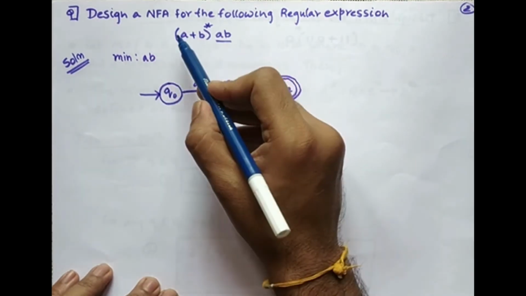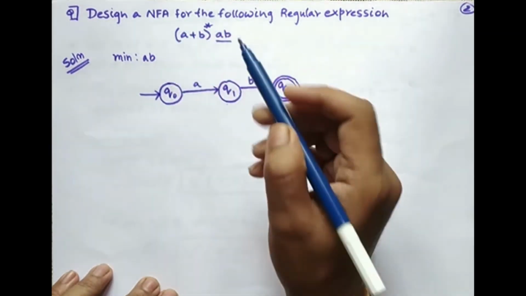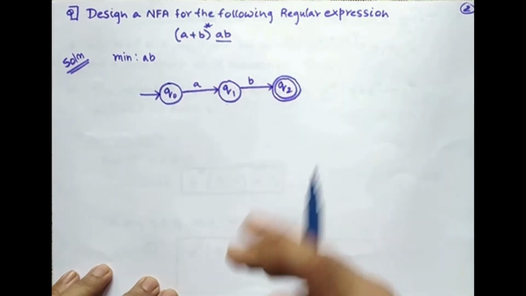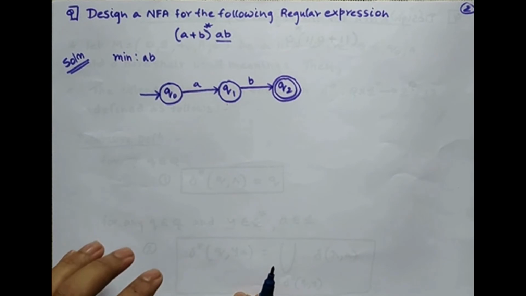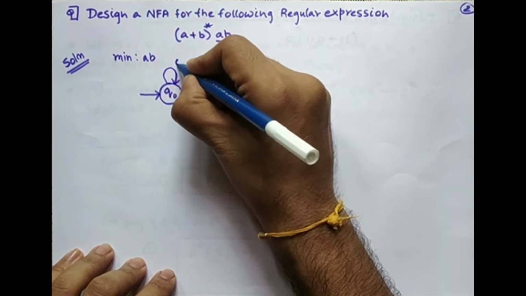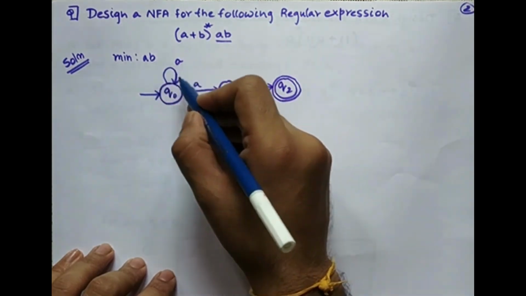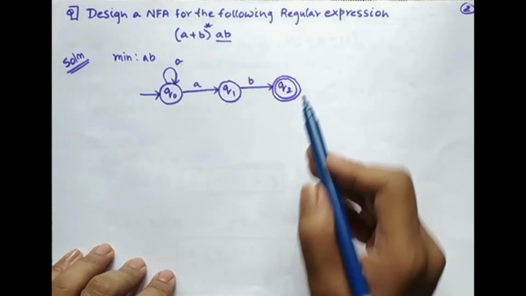Now this part means any combination of A's and B's. Since there is no restriction that on reading a particular symbol it should go to only one unique state, I can simply have a self loop here, and say n number of A's ending with AB. I could not do this in my DFA.